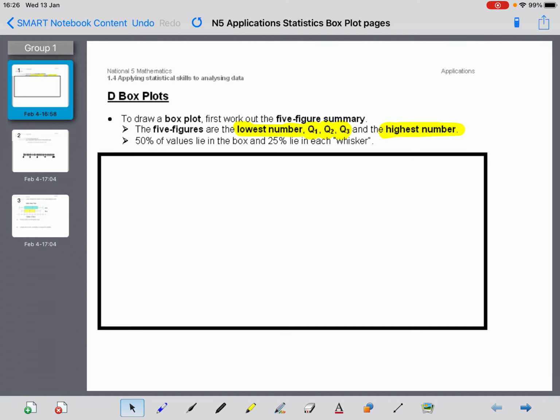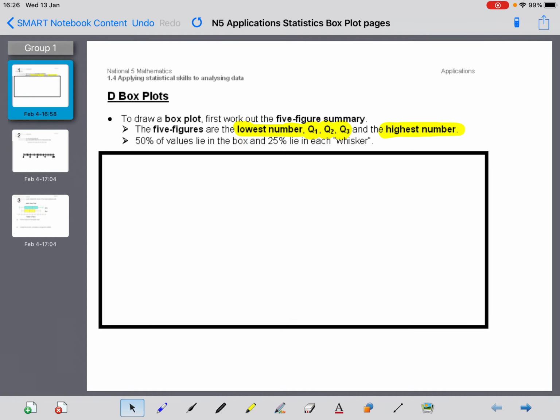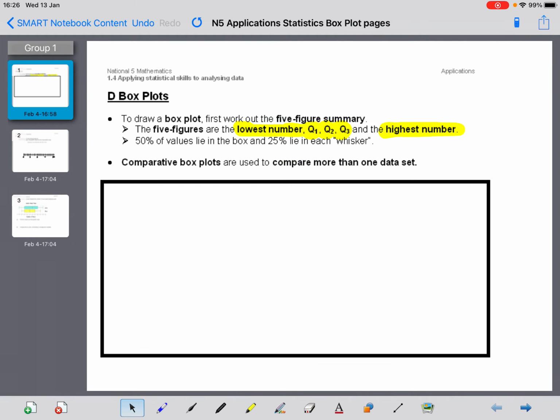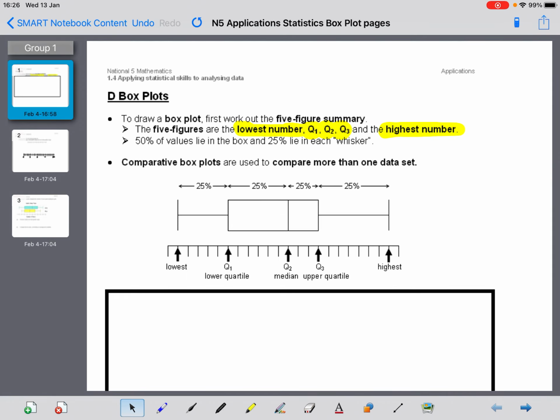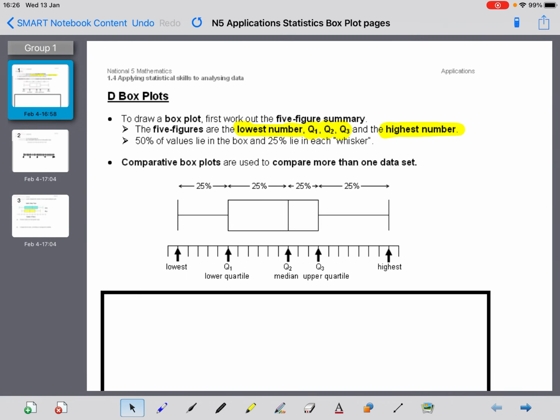Something that's quite interesting about the box is that 50% of the values lie in the box and 25% lie in each whisker, and they can be used to compare data sets. So here's an example of a box plot, and we have the lowest number here and the highest number goes up here.